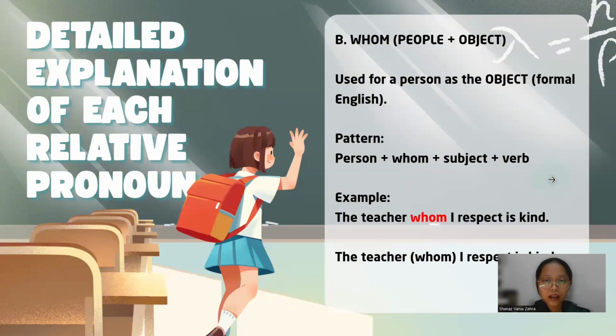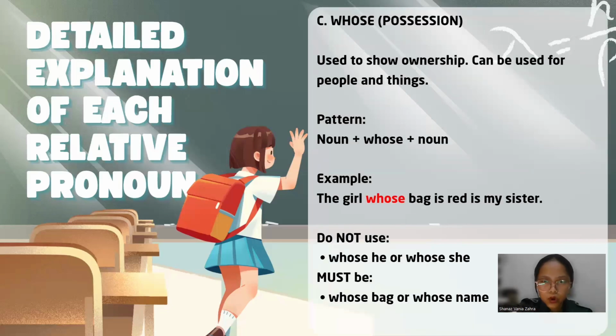Okay, next let's look at whose, which refers to possession. It is used to show ownership and can be used for people and things. The pattern is noun, whose, and noun. Do not use who he or who she; it must be whose bag or whose name.